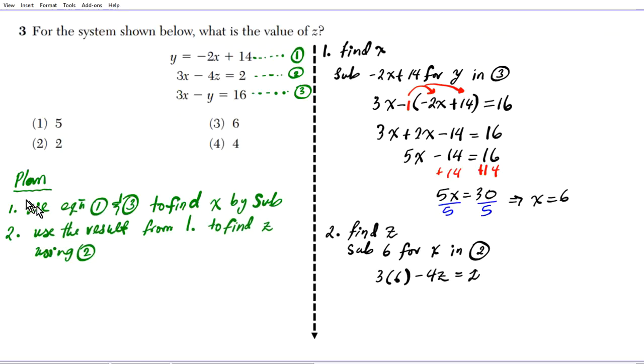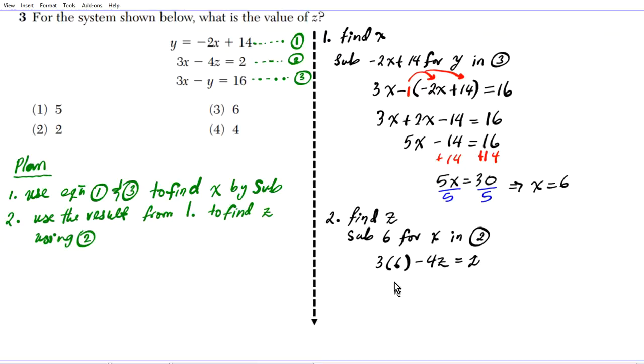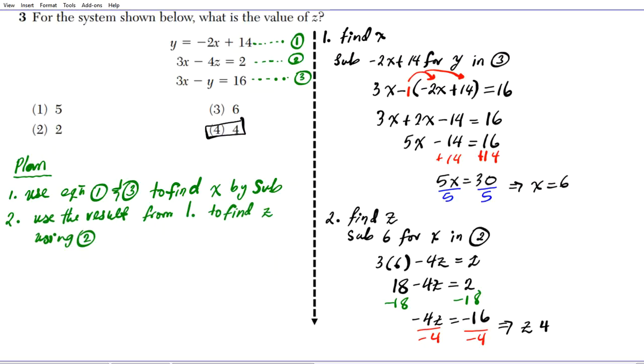Alright, let's solve this. 3 times 6 is 18. 18 minus 4z is equal to 2. We can subtract 18 from both sides, and that yields negative 4z is equal to negative 16. Divide both sides by negative 4, and your final answer is z equals positive 4. Alright, so the answer to question number 3 is option number 4.